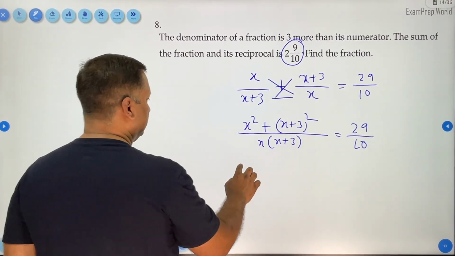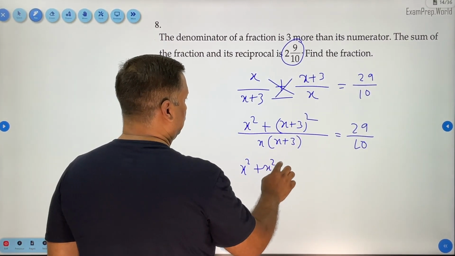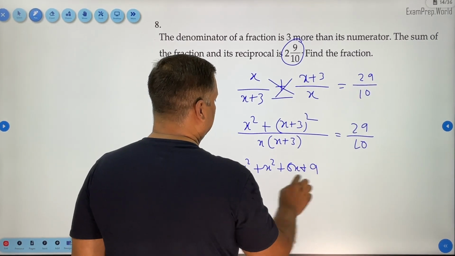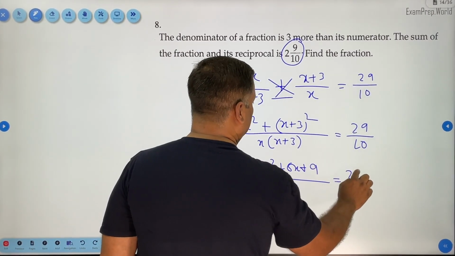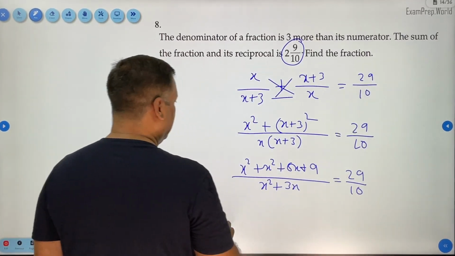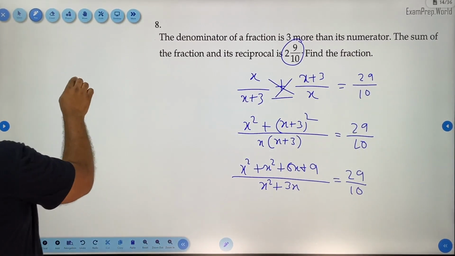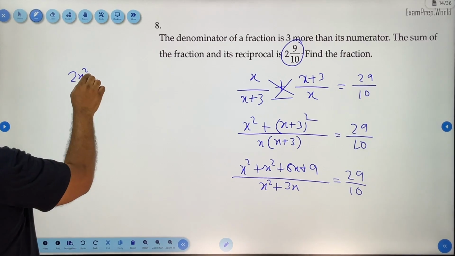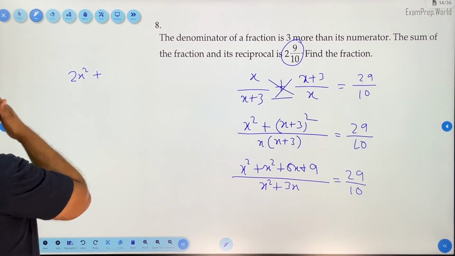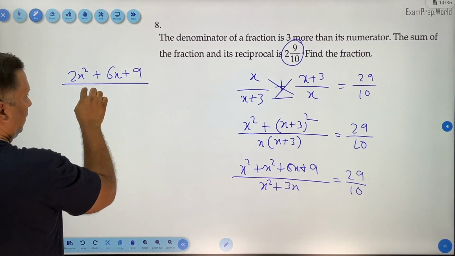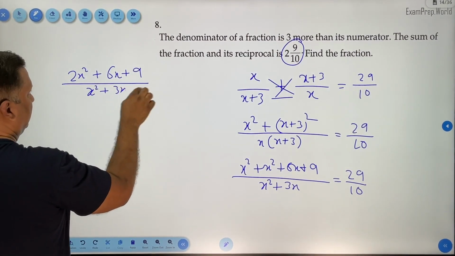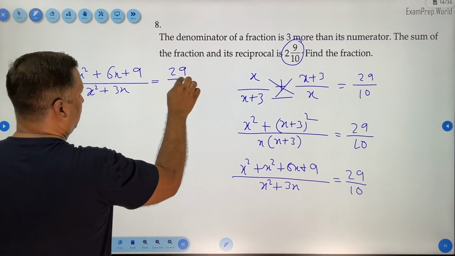We get x square plus x square plus 6x plus 9 divided by x square plus 3x equals 29 over 10, which simplifies to 2x square plus 6x plus 9 divided by x square plus 3x equals 29 over 10.